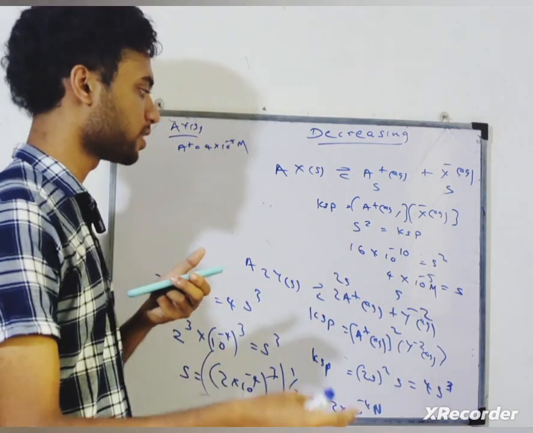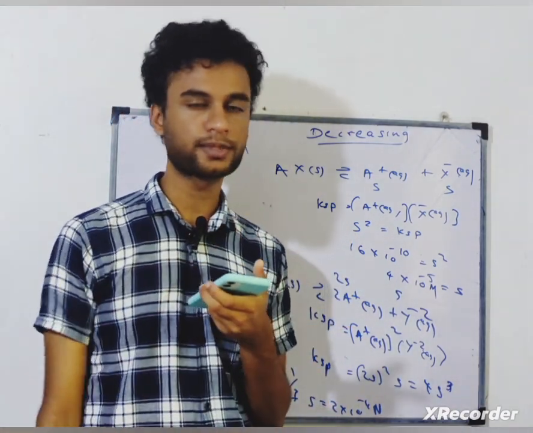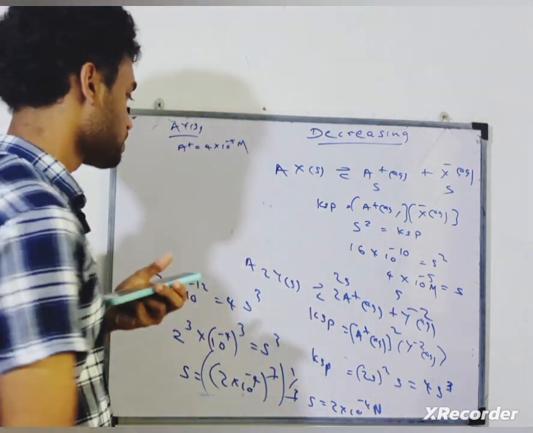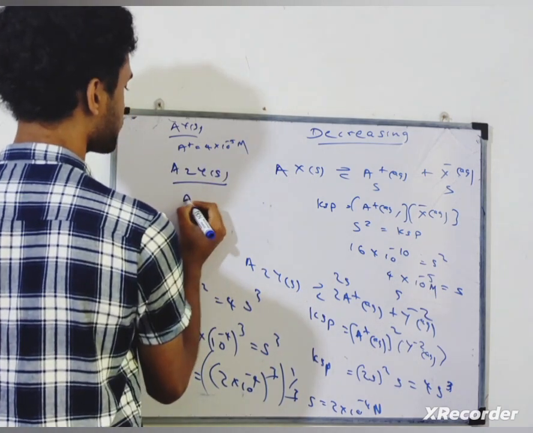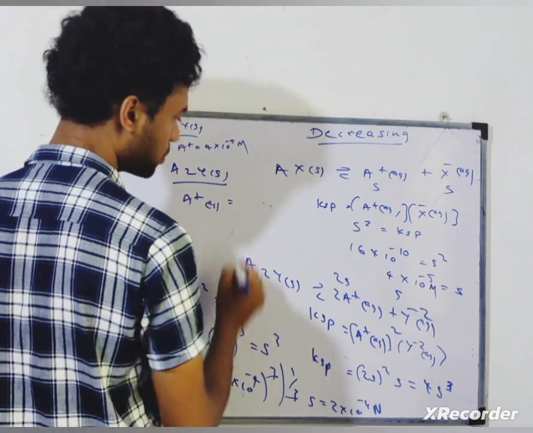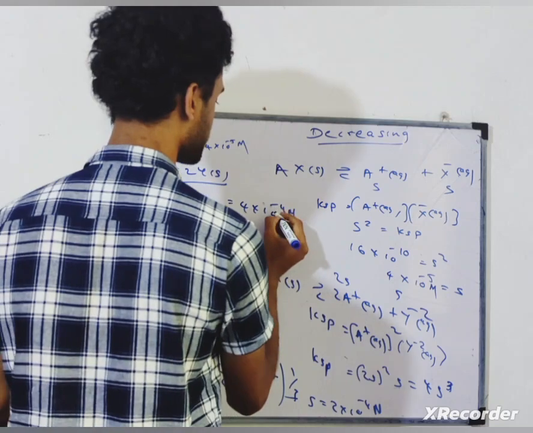Therefore, the concentration of A+ is going to be twice the solubility. These are small things that some children get wrong, right? So if you consider A2Y solid, the concentration of A+ is equal to 4 times 10 to the minus 4 M. I hope it's clear, right?